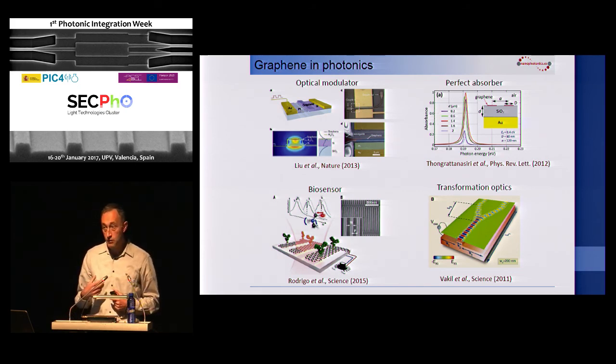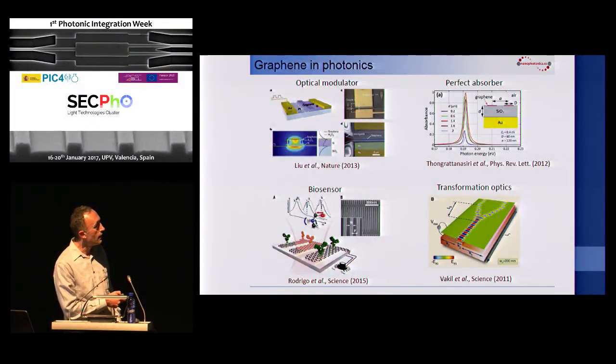And again, I'm not a fan of graphene on its own, but I'm a fan of graphene when you use it with other materials. For example, here, I think it's a group at Berkeley, used it in combination with silicon waveguides, and they show a quite nice modulation. This is, I think, a NIST work, where they show that you can create perfect absorbers that you can tune.